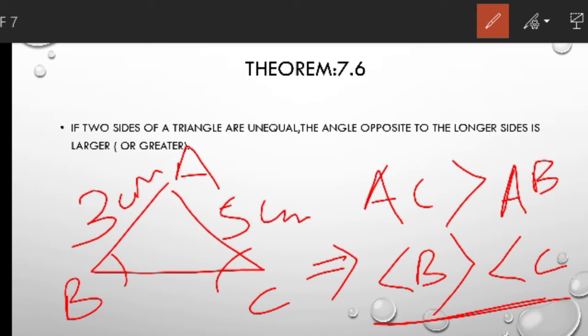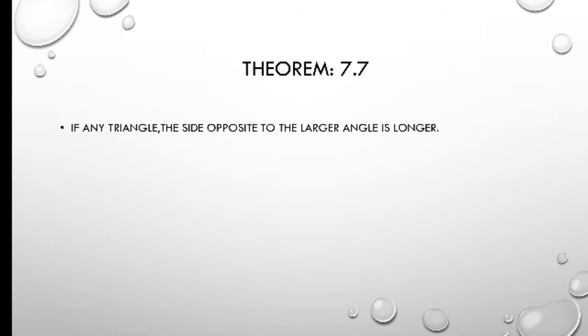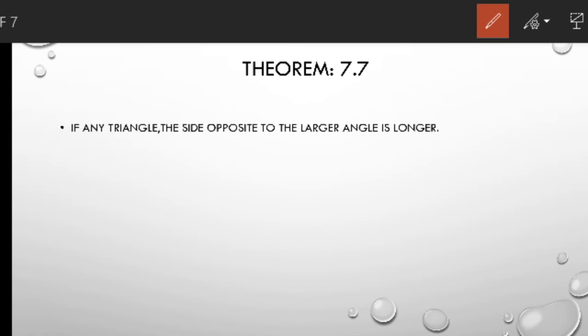If one side is larger, the opposite angle will be larger, and if one side is smaller, then the opposite angle of the triangle will be smaller. So this is Theorem 7.6. Then our next theorem is 7.7. Here it says that in any triangle, the side opposite to the larger angle is longer.